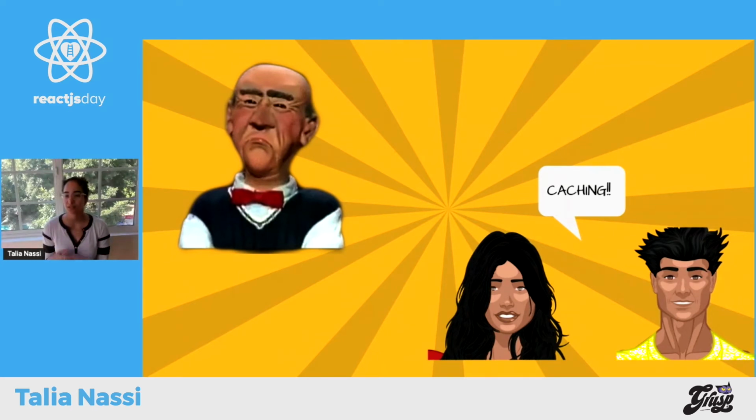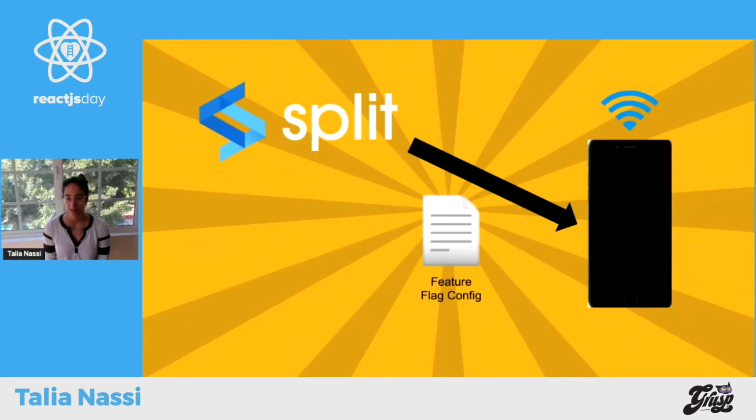So because they use Split for their feature flag management, and they have this updated caching feature, they cache their feature flag data so that all of their mobile users will have access to whatever personalized experience that you intend for them wherever they are, regardless of their data connection. And Debbie draws out this diagram and talks Grumpy Dev through it.